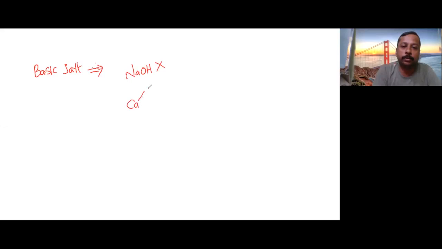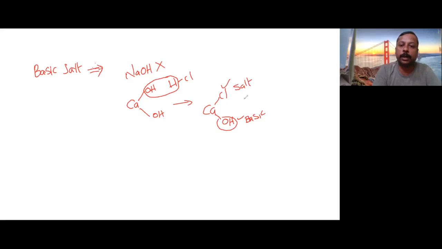Ca(OH)2 can form basic salt. See here, this is calcium hydroxide. When I treat it with only 1 mole of HCl, one OH and Cl will be replaced. Then what is it going to form? Ca, on one side it is still Cl, and on one side the basic nature is left over. Because of this, it is salt. Because of this, it is base. So this is basic and this is salt. That's why this is called a basic salt. Is it clear to all of you?